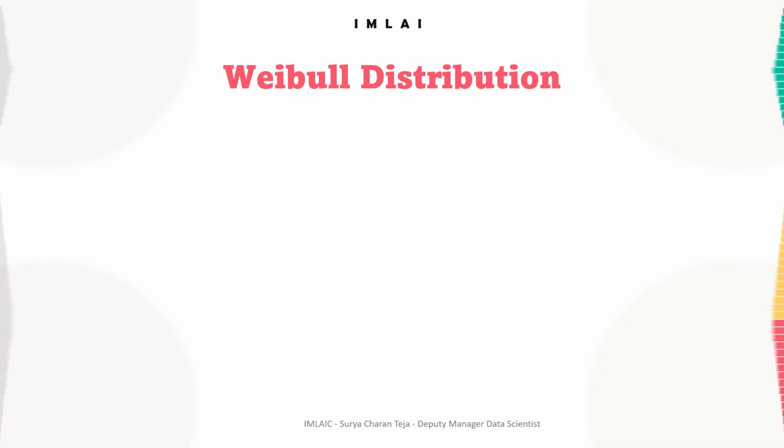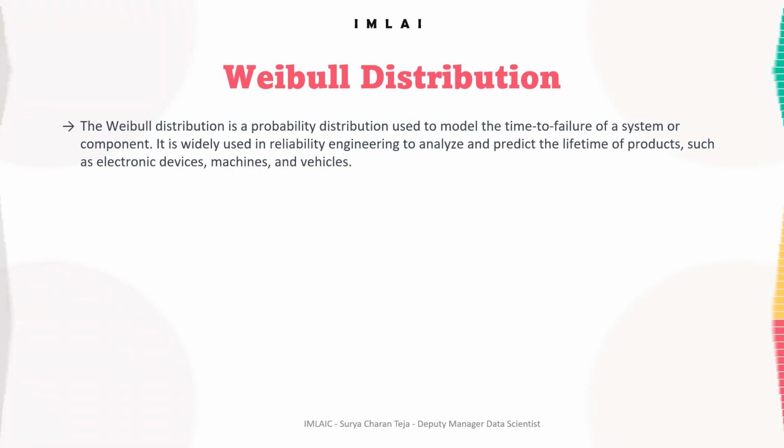So the Weibull distribution is a probability distribution used to model the time to failure of a system or component. It's widely used in reliability engineering to analyze and predict the lifetime of products such as electronic devices, machines, and vehicles.